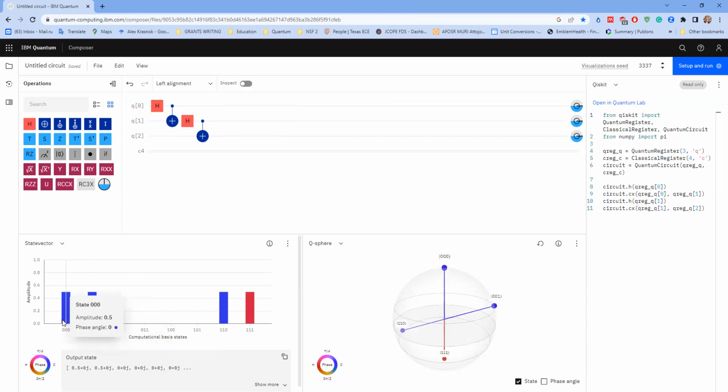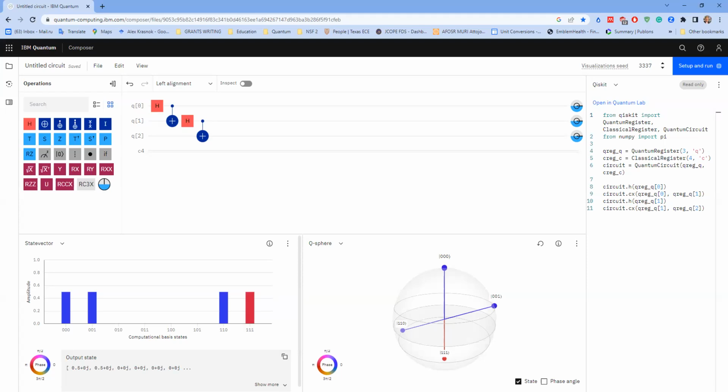So what I get, I have state 000, then 001, then state 110, and then state 111 with different color, right? So this blue color corresponds to zeros, either state 0 or 2 pi, which is the same, right? 0 to pi, so the blue color, and the red color corresponds to the phase pi. The phase pi means e to the power of i pi, which is -1.